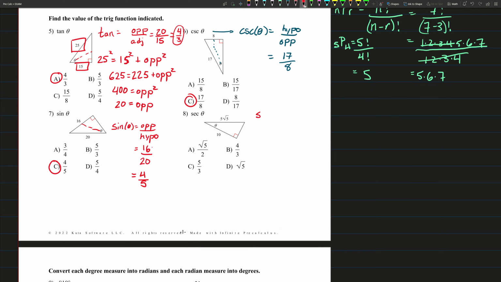Number 8, secant is hypotenuse over adjacent. We are given the adjacent side and the hypotenuse, so we're given both the things we need. So this is just going to be 10 over 5 rad 5, which is just rad 5 over 2.